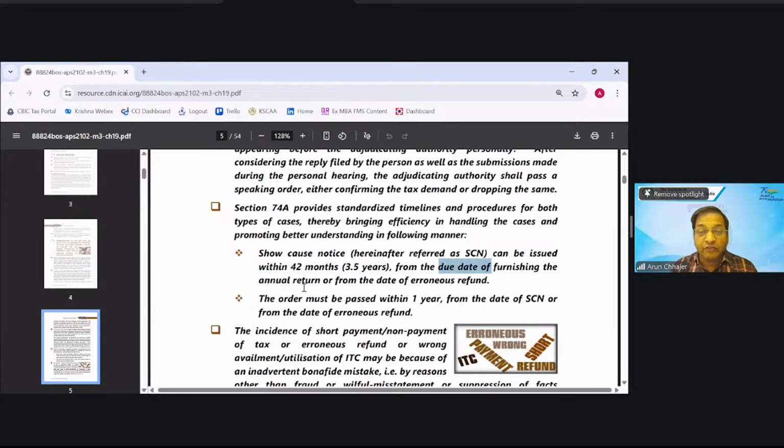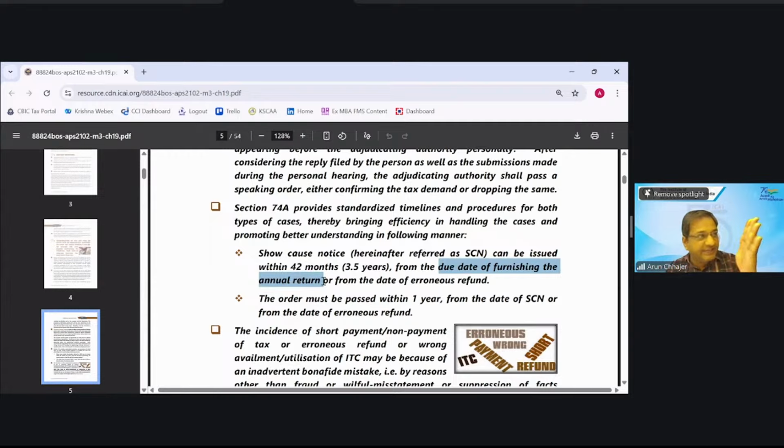Is it the due date of furnishing the annual return, or the actual furnishing of the return? Can you please tell me any provision in the GST which talks about actual filing of GSTR-9, the GST annual return?